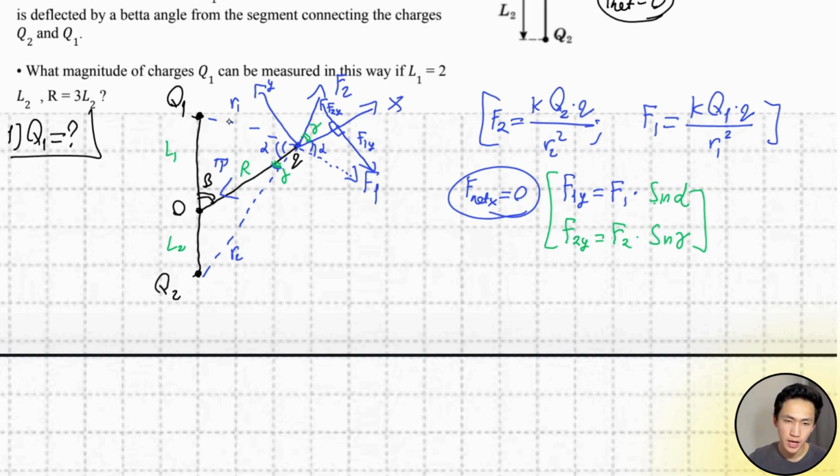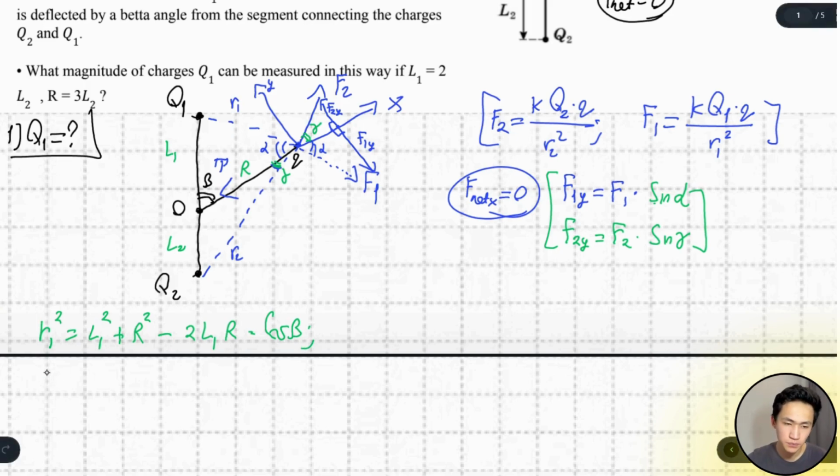We can find R1 with the cosine theorem: R1 squared is L1 squared plus R squared minus 2 L1 R cosine beta, where beta is the angle between these two sides. That is the cosine theorem for the R1 distance.